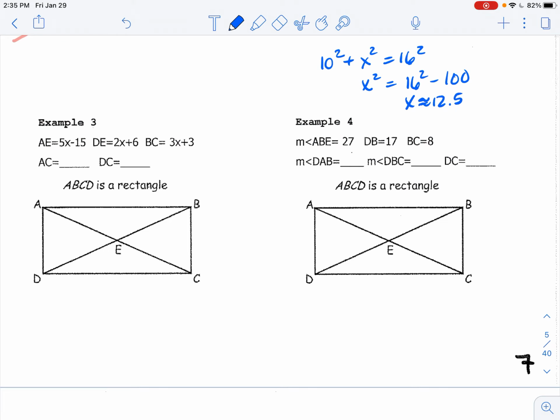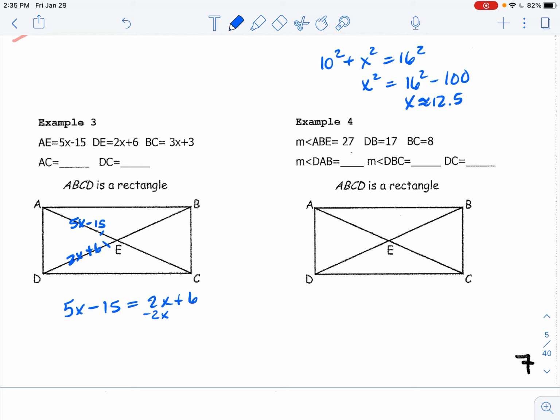In example 3, we know that AE is 5x minus 15, and DE is 2x plus 6. Okay, in a rectangle, these are congruent, so I can set 5x minus 15 equal to 2x plus 6. Let's do a little bit of algebra.